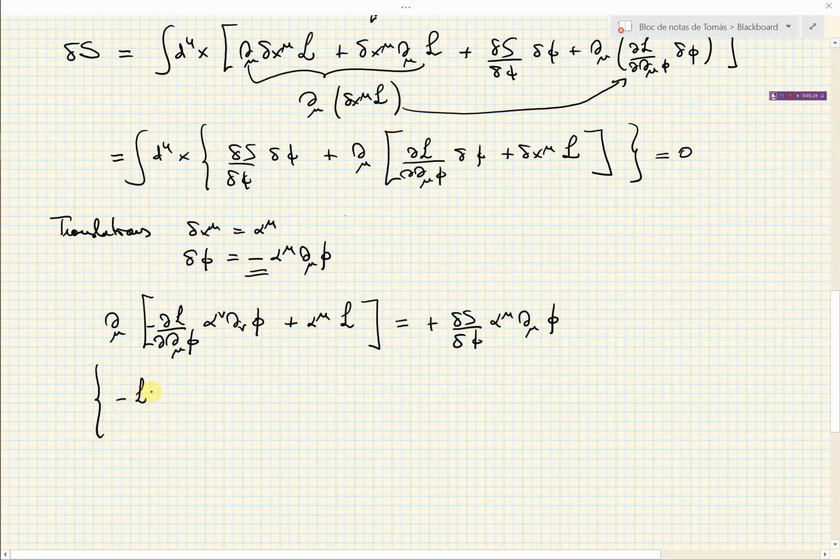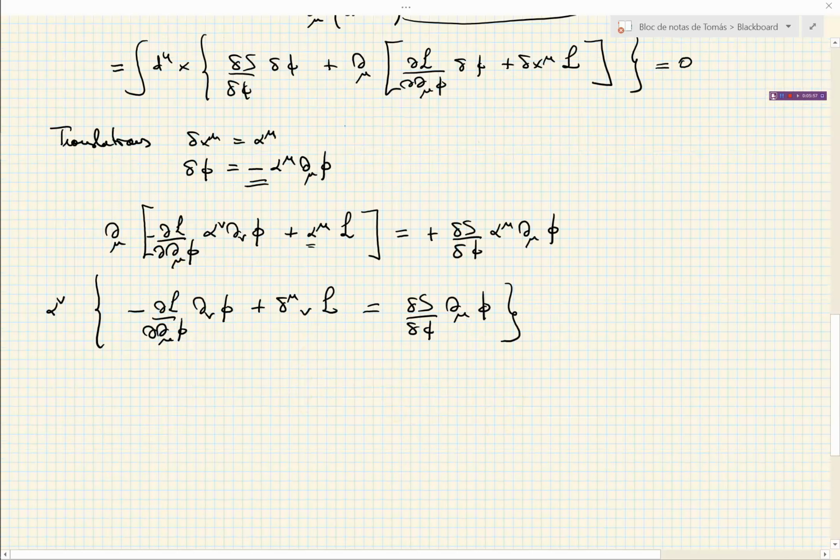So we have minus ∂L/∂(∂_μφ) ∂_νφ plus I need to add here δ^μ_ν L. So when I multiply everything by α^ν, I get α^μ as here, and then this is equal to δS/δφ ∂_νφ.